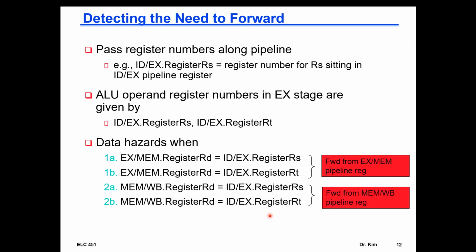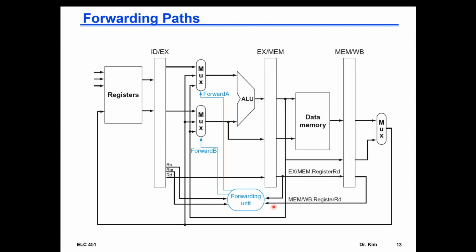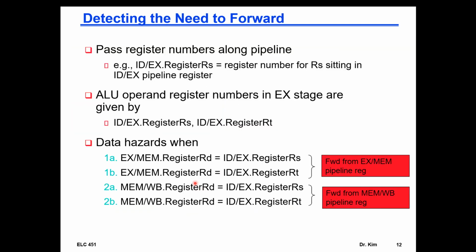And where do we need to forward from? So if we go back, you can see that we're using the original source register. So these two over here, that's this two. And then the ones on the left-hand side, this one is the other input, and this one is the other input.